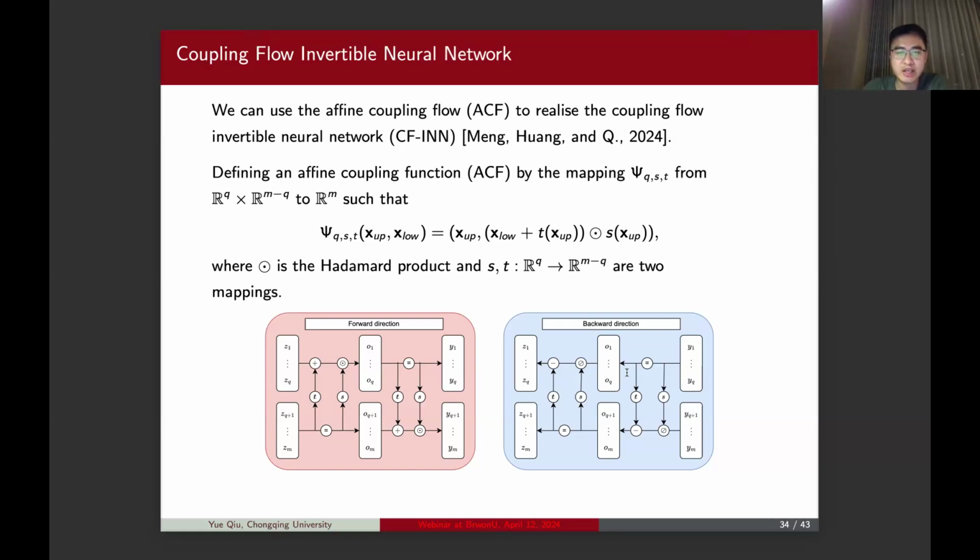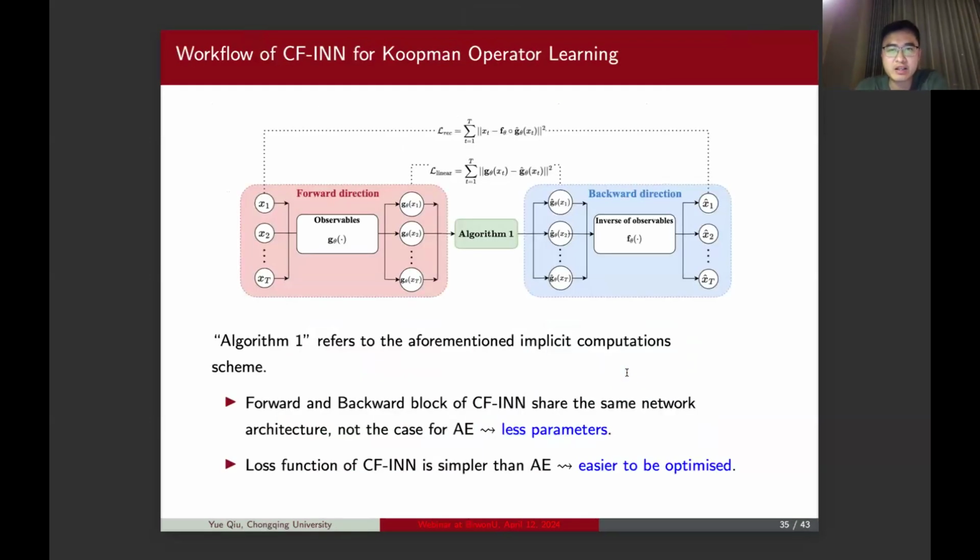Therefore, with this simple setting, we can simplify the procedure for this Koopman operator learning, and both the forward and the backward direction share exactly the same network structure and also the same network parameters. Therefore, the training and computational cost can be much reduced.